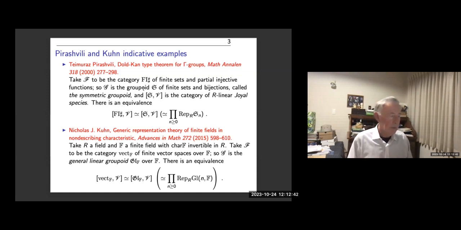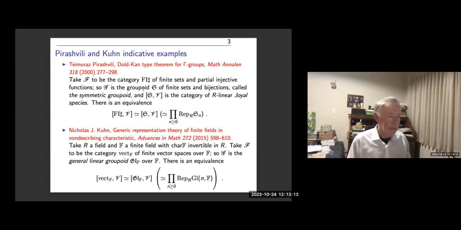And the other thing that got me all excited was this next paper by Nick Kuhn. And it seemed amazing to me because I'd studied the category where you take a finite field and you look at the vector spaces over that field, the finite vector spaces or finite dimensional.